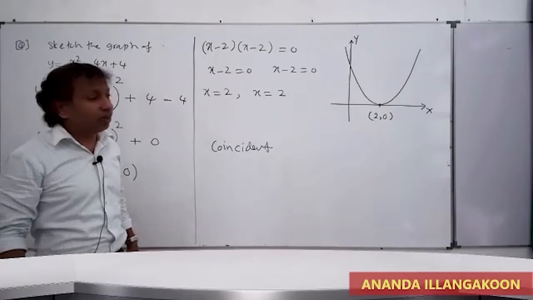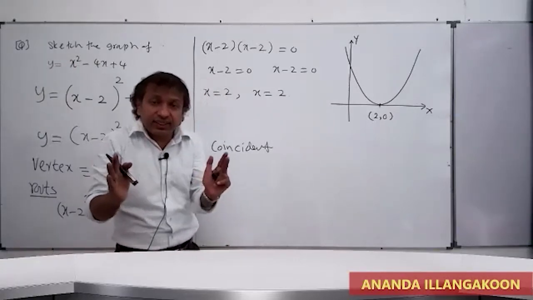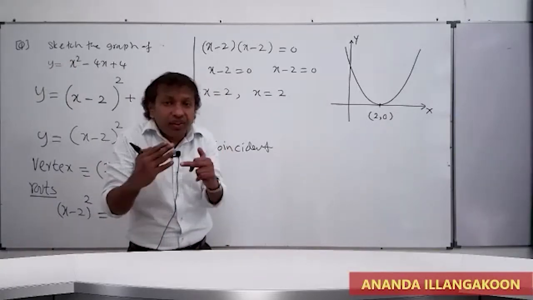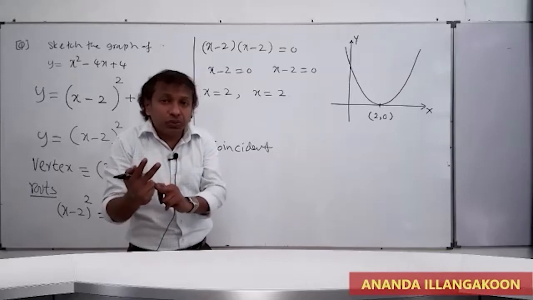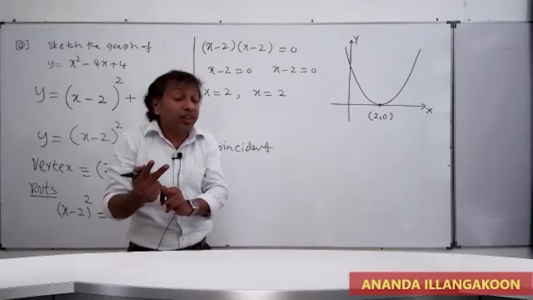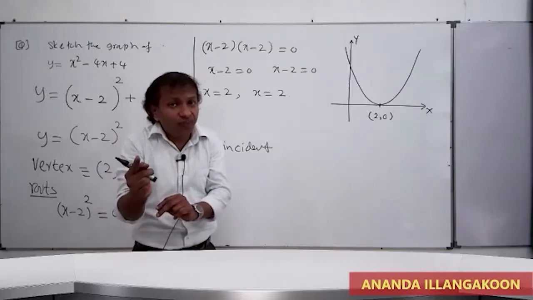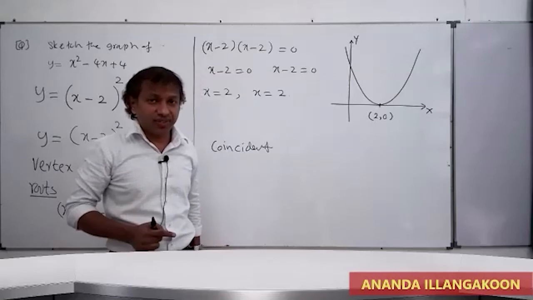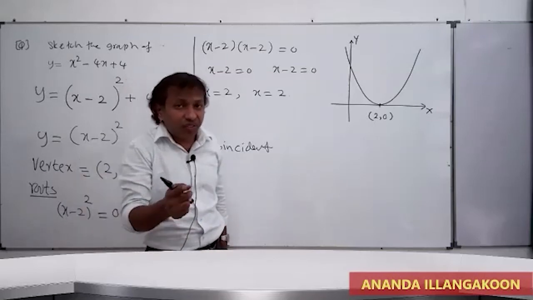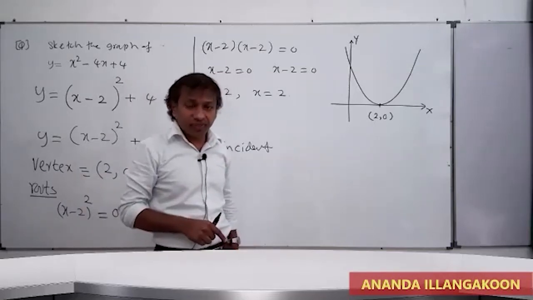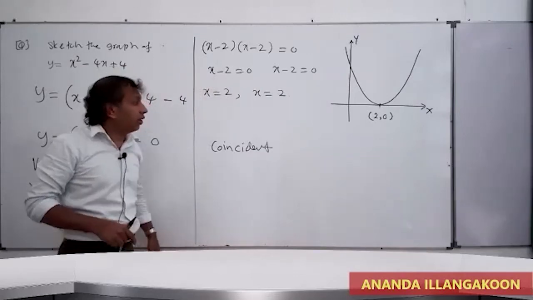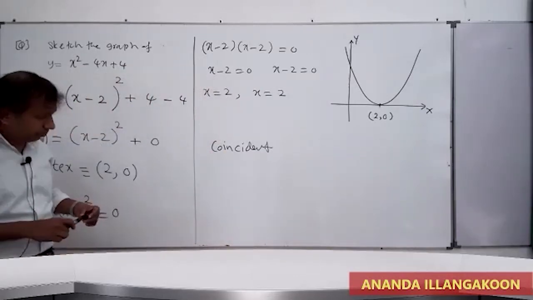Okay, draw the graph, people. When the graph has this way, real equal roots, people, the vertex of the graph touches the x-axis. Right? Okay. Draw the graph, and then we'll write.